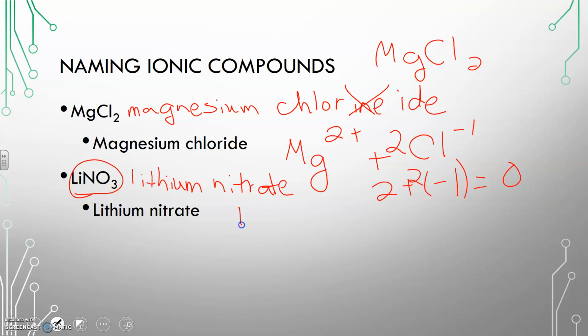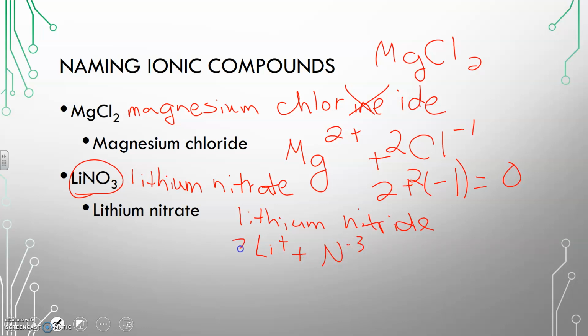If you called this lithium nitride, okay, the IDE ending means that it's just nitrogen, okay? Now your lithium has a +1 charge, okay? So it's Li+, all right? Now your nitrogen has a -3 charge, okay?